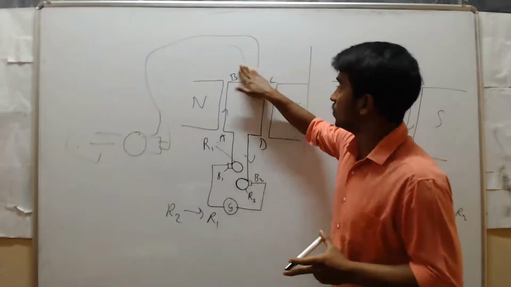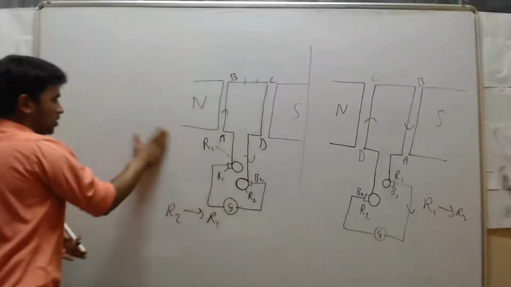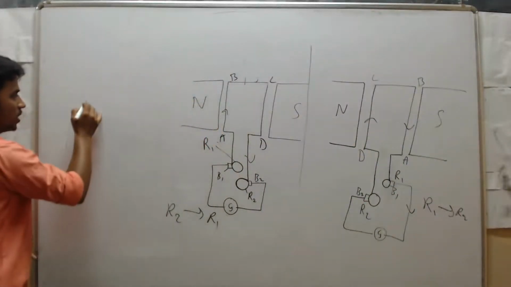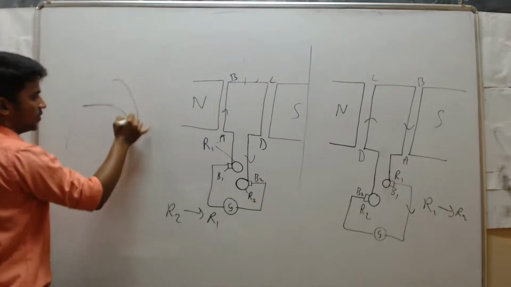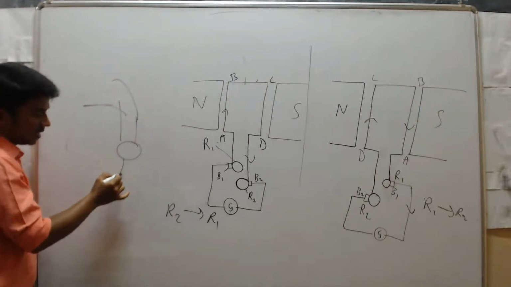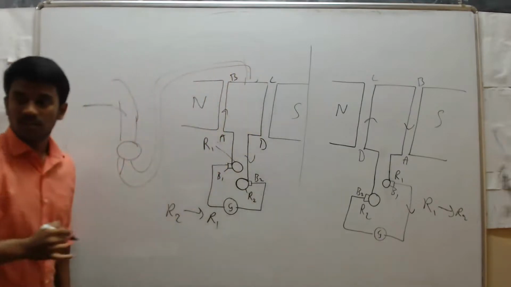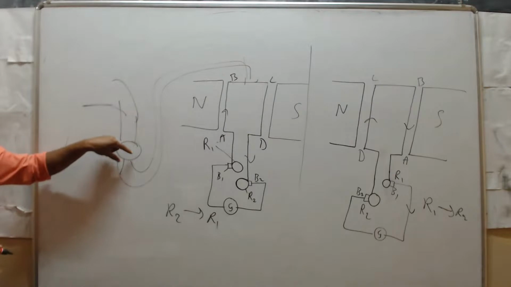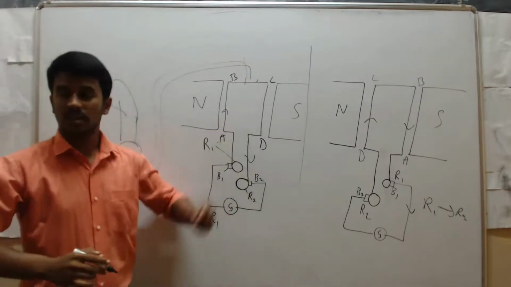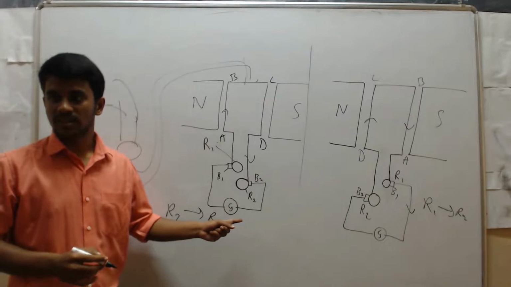Clear? Then if you take a hydropower plant, what will happen? In a hydropower plant, it is just water flow. The water falls from a high position onto the turbine, and this turbine is connected to this coil. When the turbine starts to rotate, this coil also starts to rotate, so we can generate electricity.